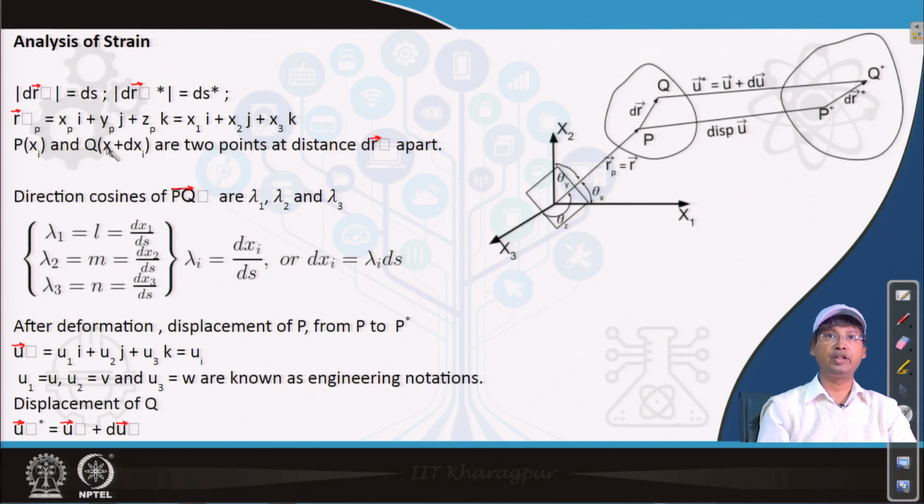We are bringing back all those things again and again. So, in that way 1, 2, 3 represent u, v and w, known as engineering notations, and displacement of q is, as we mentioned, u plus u star, which is equal to u plus delta u. So, with this understanding of the system and positions and vectors, direction cosines, we move forward to the next slide.